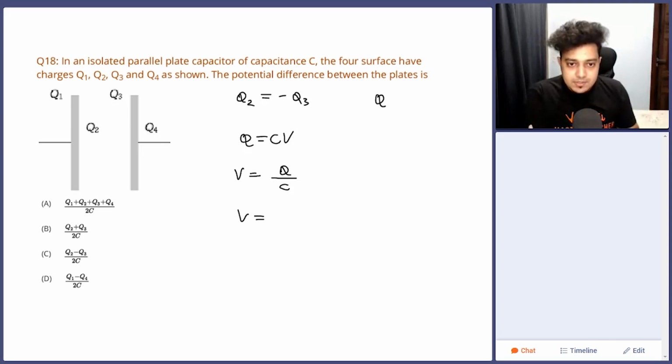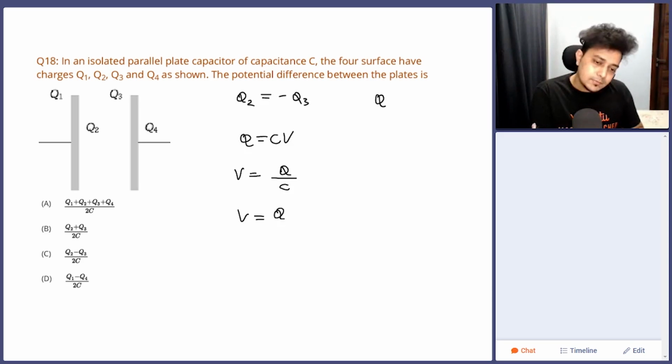So what we can do here is, notice carefully, we want the charge on any one plate, the positive plate. We can write this as Q2.